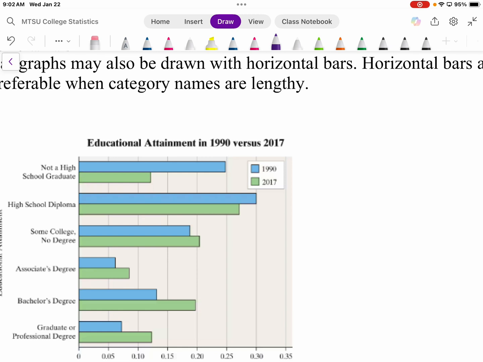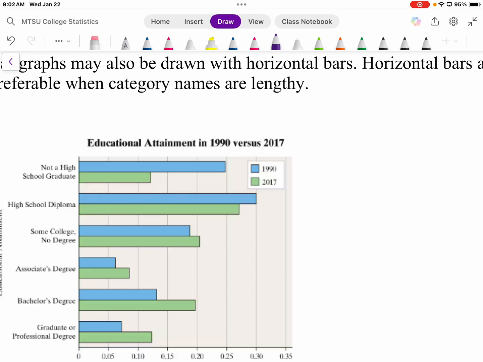And then now we can start asking some questions about the proportion, as we phrase it, not count-wise, but the proportion of, obviously, education attained in 1990. There was a higher proportion that did not graduate high school.